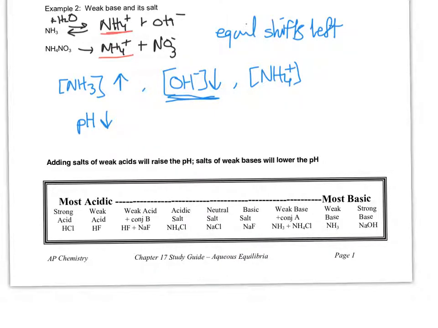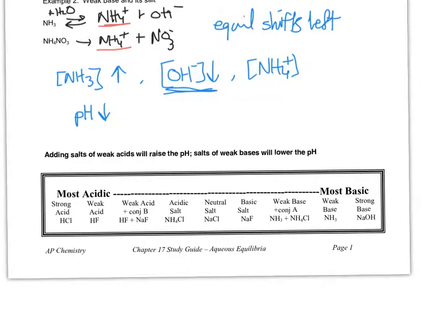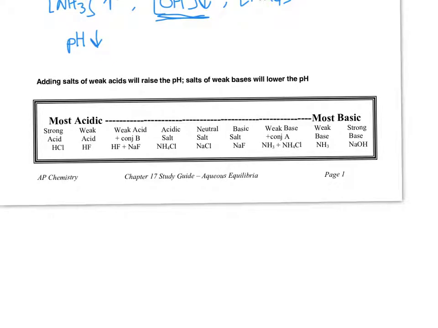Now we had a similar chart to this one right here on our last chapter. We had most of these on here, and so we said if I'm going from most acidic to most basic with neutral in the middle, so the most acidic would be, again, if these were all the same concentration, strong acids, the 6 strong acids.